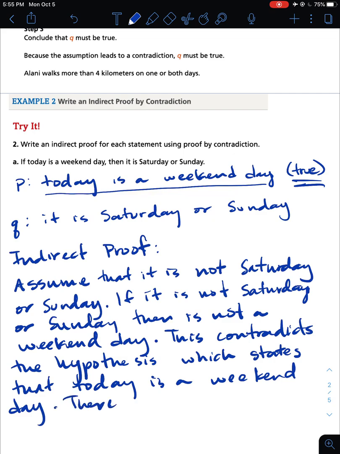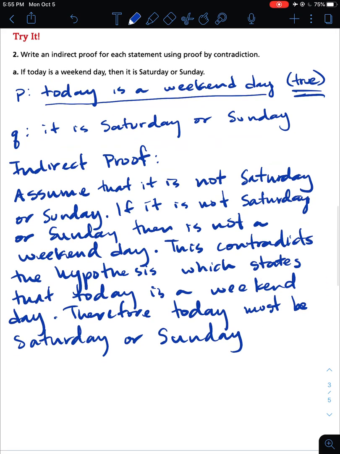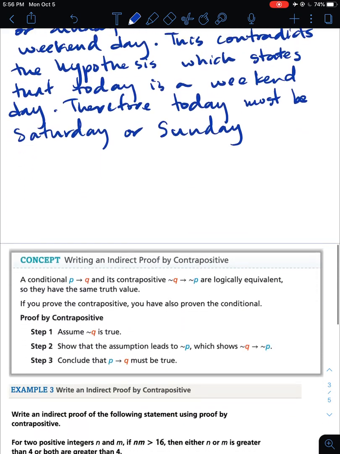So therefore, today must be Saturday or Sunday. And that's my indirect proof. All right, let's move on.